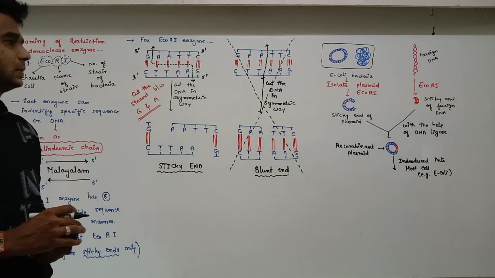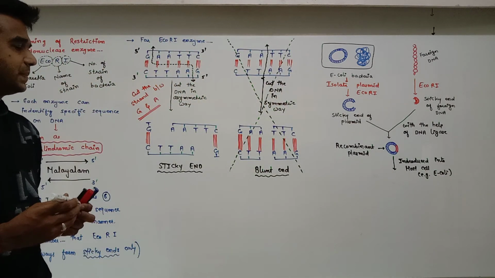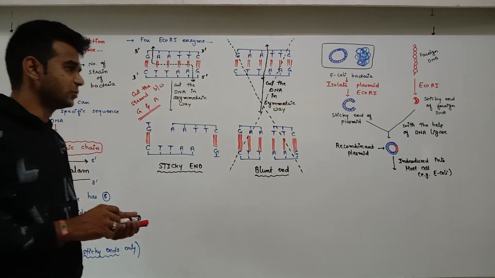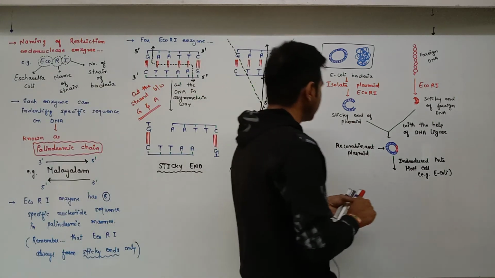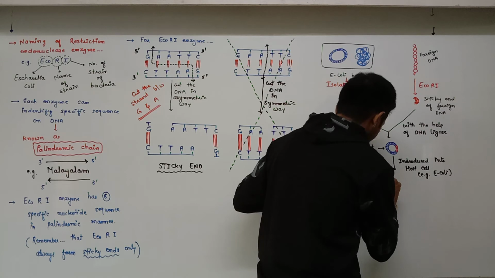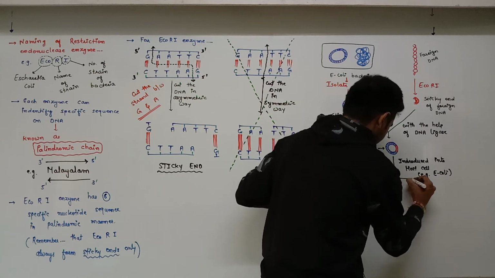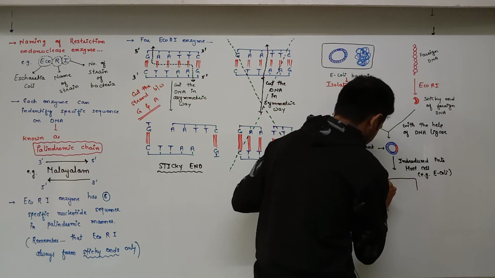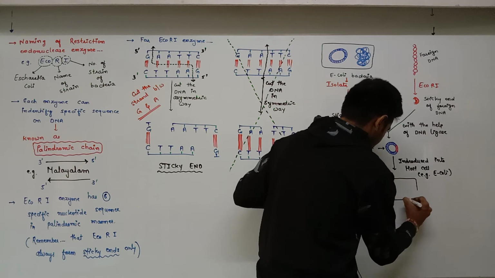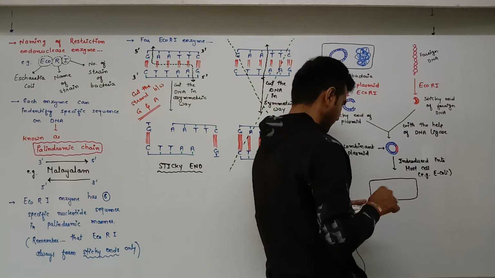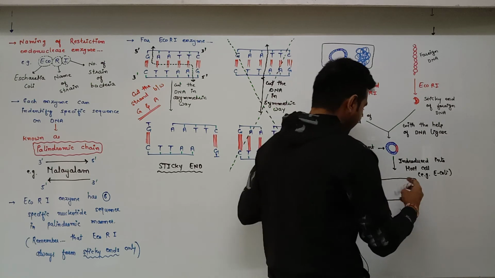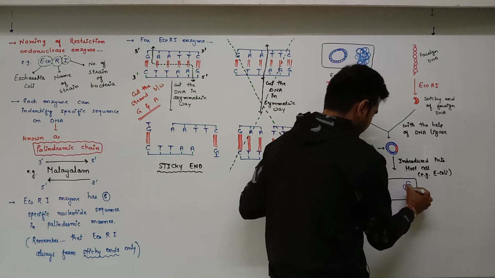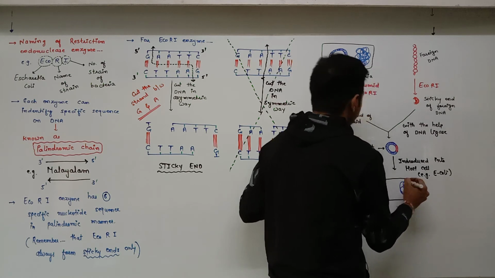Okay, suppose this is the recombinant plasmid. It is introduced into the host cell, so it looks like this. It has its own DNA.